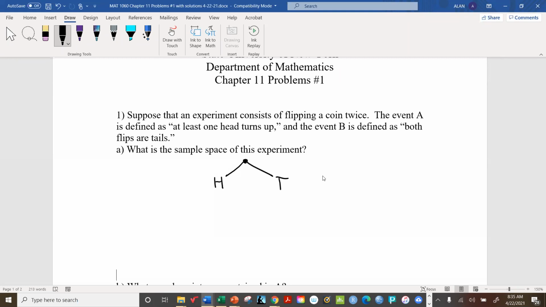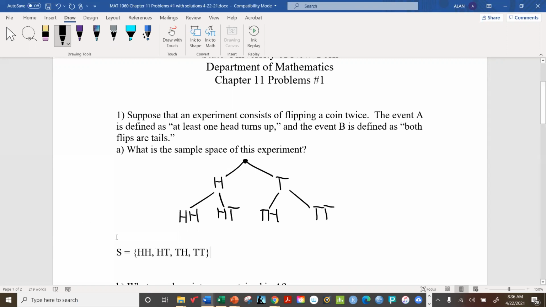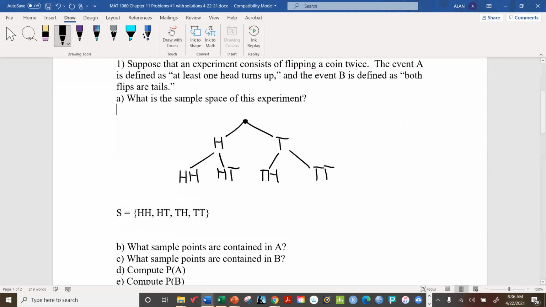After the second flip, you can have a head followed by a head, a head followed by a tail, a tail followed by a head, and a tail followed by a tail. Therefore, we can write out our sample space as the set containing the elements HH, HT, TH, and TT. And that is our sample space.